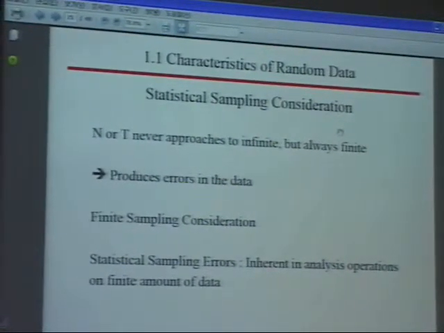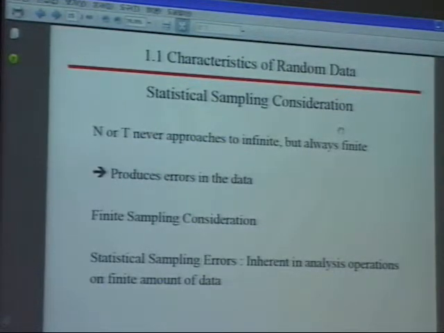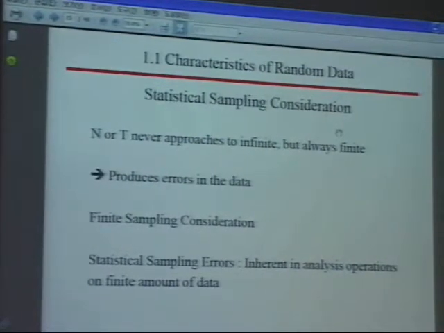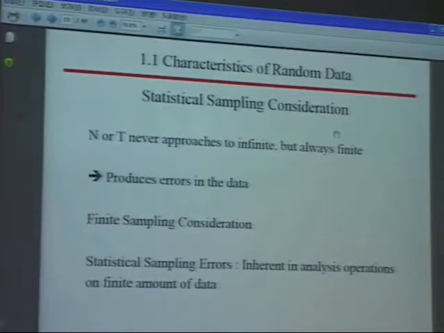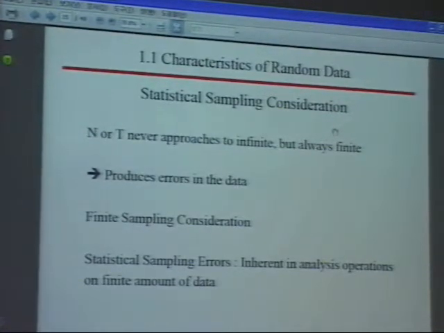Number of events or number of trials, that's capital N. T is a time duration or period. If that n or time T, number of trials or time T, never approaches infinity.